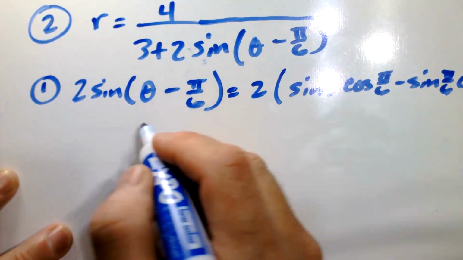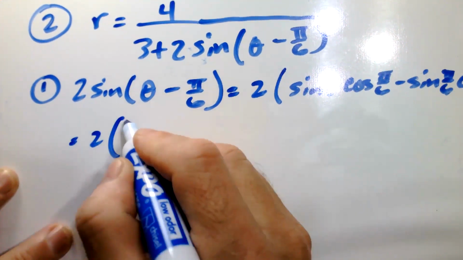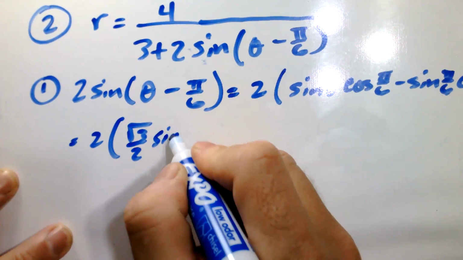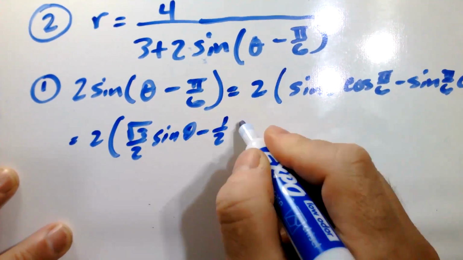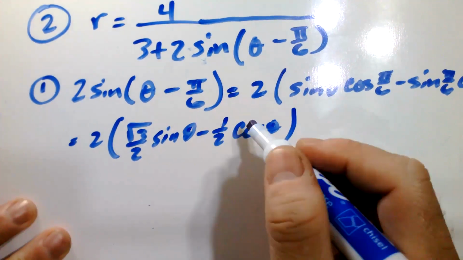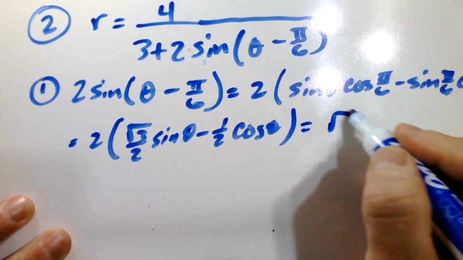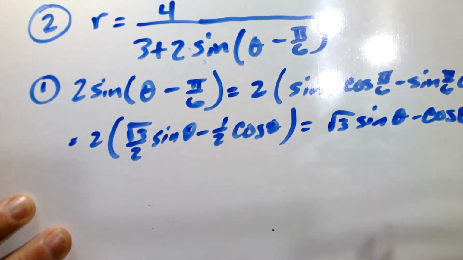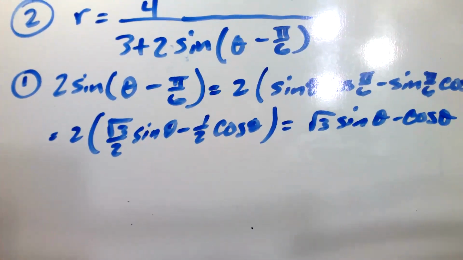This is 1/2. This is going to be 2 times square root of 3 over 2 sine of theta minus 1/2 cosine theta. And if we multiply through by the 2, this becomes the square root of 3 sine theta minus cosine theta. Okay, so there's part 1. That's the first thing that we had to do.